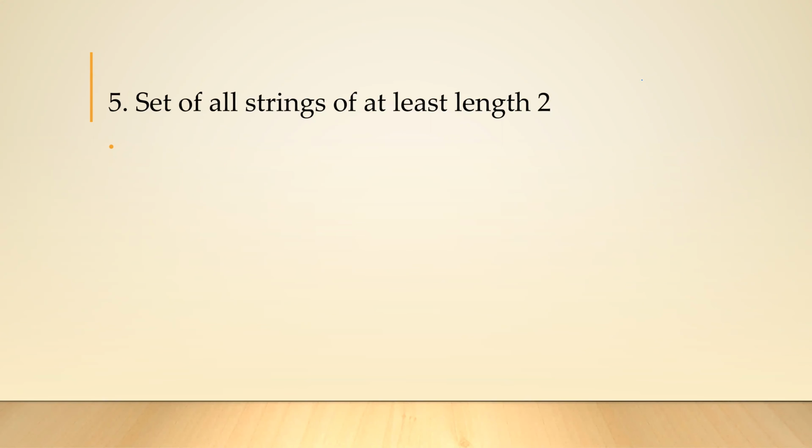Set of all strings of at least length 2. Okay. So you're doing everything over A, B. Set of all strings of at least length 2 means, first I'll think of exactly length 2. This is my length 2.